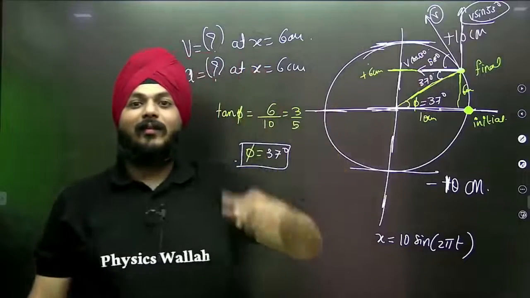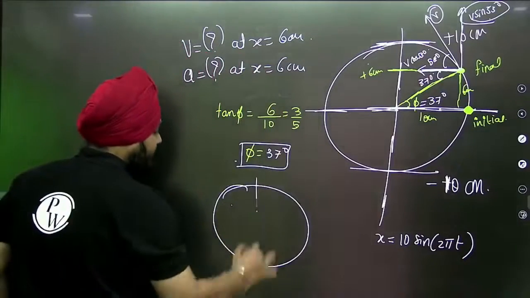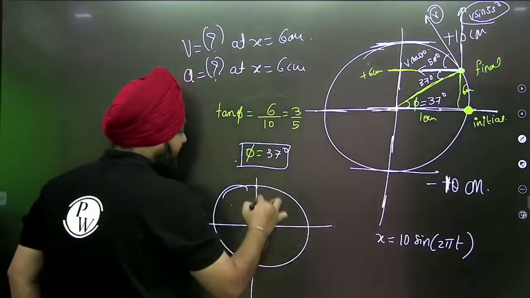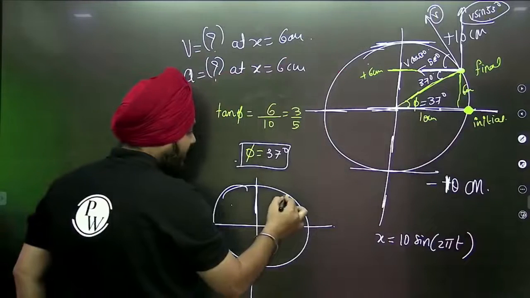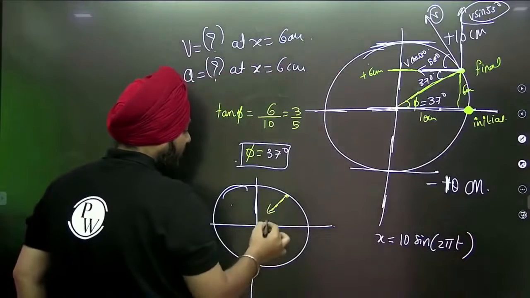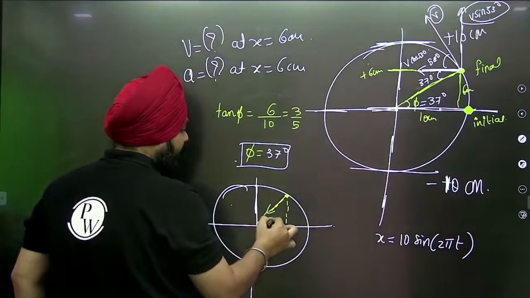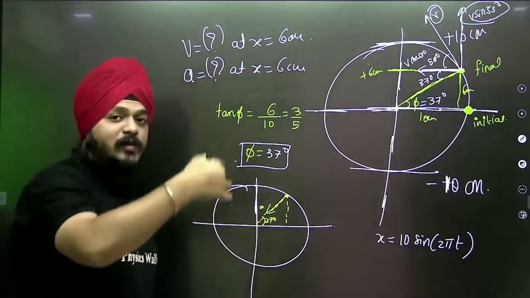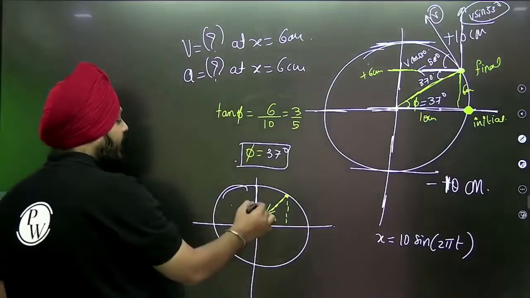Now, acceleration. The radius is 10. This is 37. Acceleration always acts towards the center and it is moving on a circular path, so we can compare it to the centripetal acceleration.